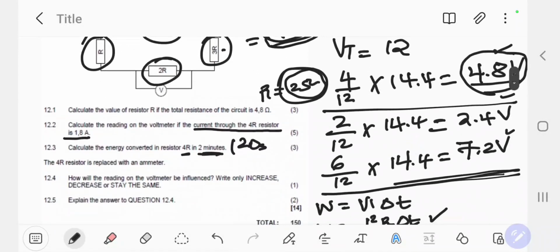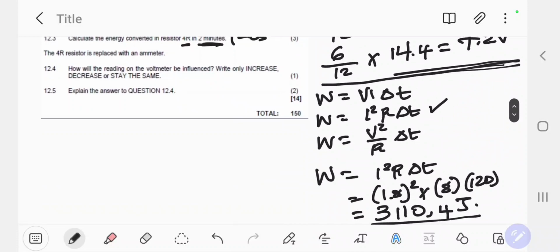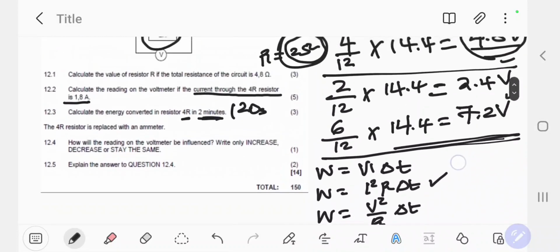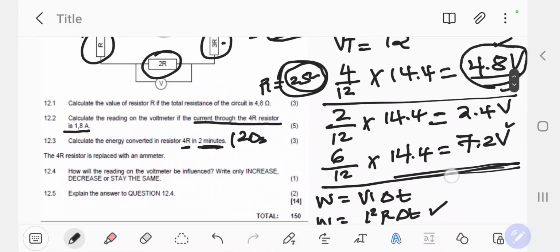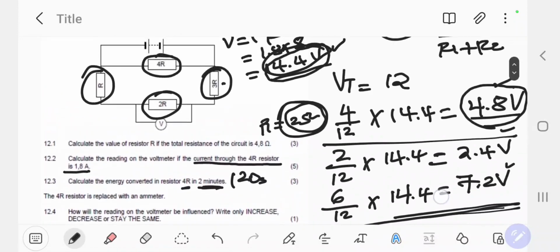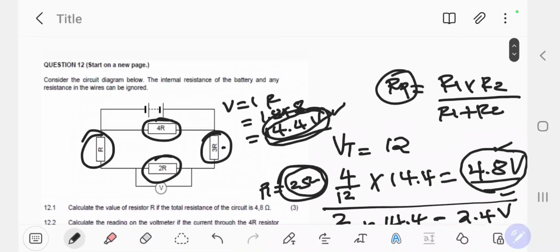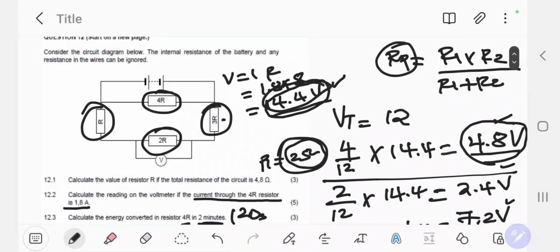All right, so how will the reading on the voltmeter be influenced? Does it increase, decrease, or stay the same? I'm telling you, we need to apply Ohm's law here. We are going to look at the total resistance of the circuit. From 12.1, the total resistance of the circuit is 4.8 ohms.